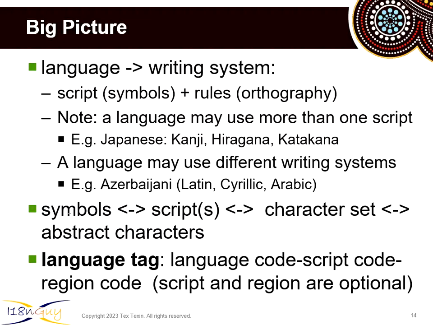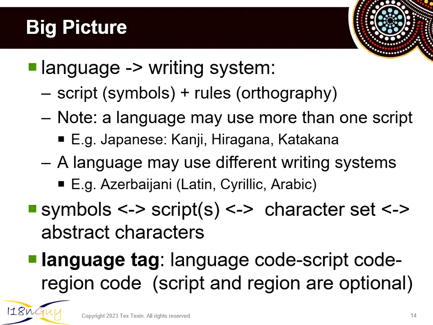I'm not going to go into it in much detail here, but I thought I should mention at this point, when you're working with a language, we often talk about its language tag. And in our questionnaire for people that want keyboards, we've asked them for their, I think we sometimes call it a language code, but technically we want a language tag, which consists of optionally 3 codes.